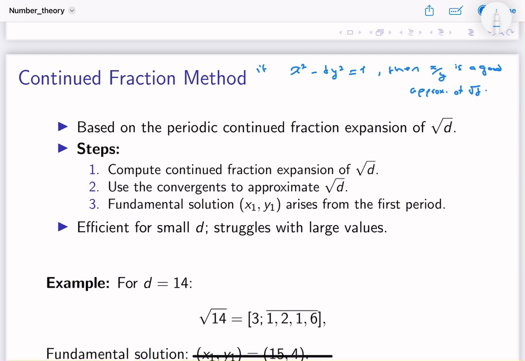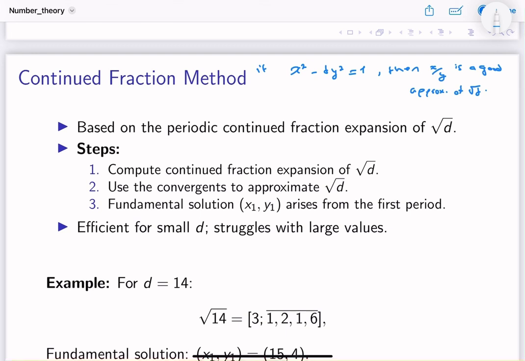Because we know that whenever we have a continued fraction and we cut it, taking a convergent, that convergent is a rational number, and a good convergent is going to be a good approximation of the irrational number we're interested in approximating.